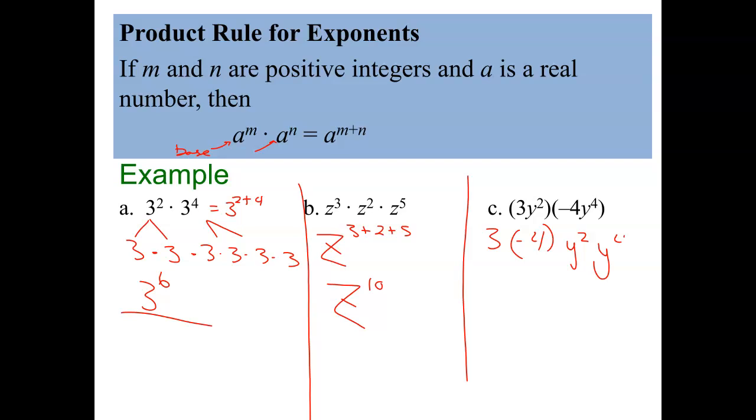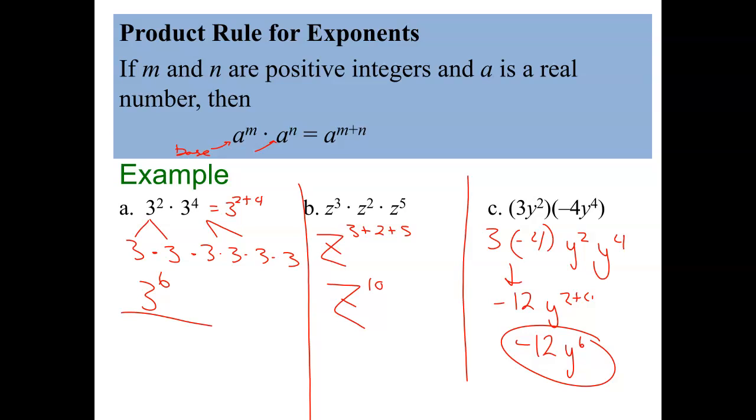What's 3 times negative 4? Negative 12. And then I have y squared times y to the 4th. What am I going to do with those exponents? Add them together. Add the 2 and the 4, so I get negative 12y to the 6th. Multiply your coefficients, add your exponents.